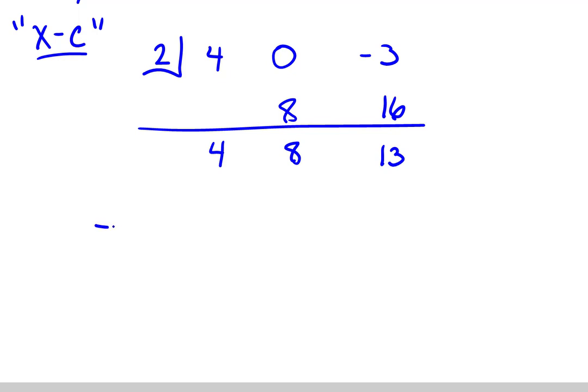Well, the last part is to interpret our answer. Thankfully, it's always the same way, which is that what's now underneath the bar in the synthetic division process always contains at the very last entry the remainder. So our remainder is 13. And then the first number you see, so in this case 4, is always going to lead off as the coefficient of the first term in the answer.